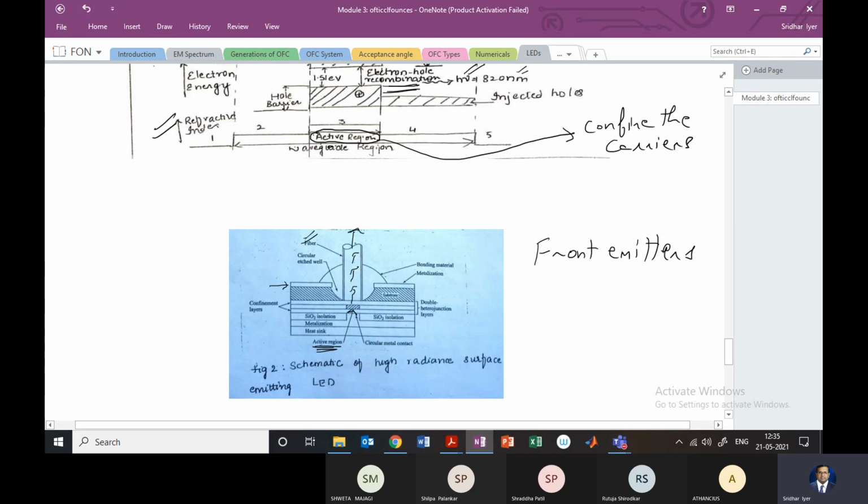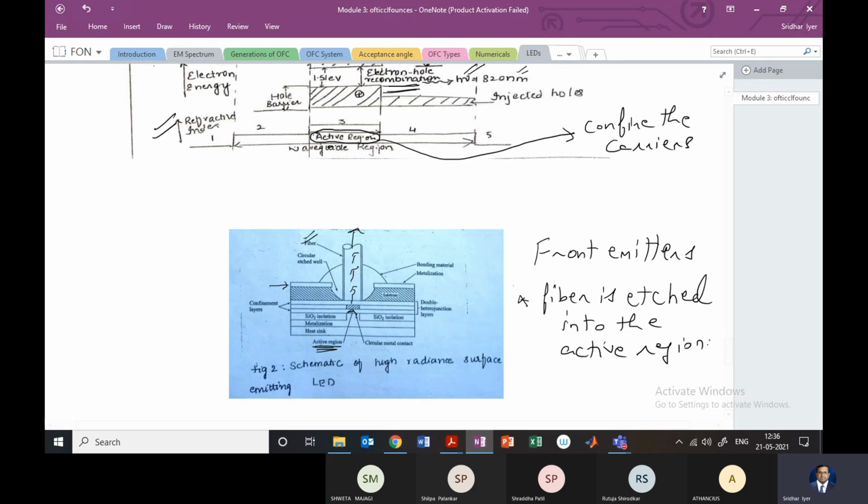So the fiber itself is etched. That is the important point. The fiber is etched into the active region, and because of this, whatever light will be generated goes directly into the fiber.